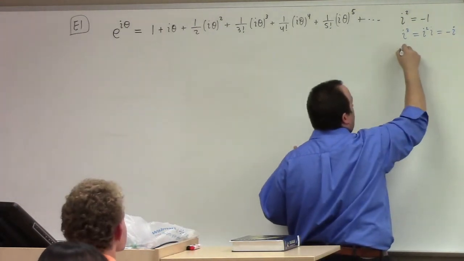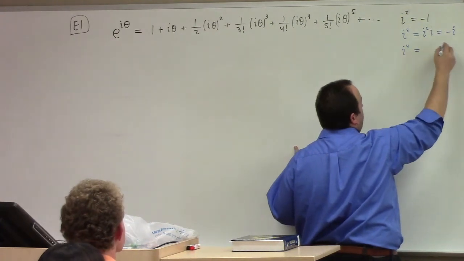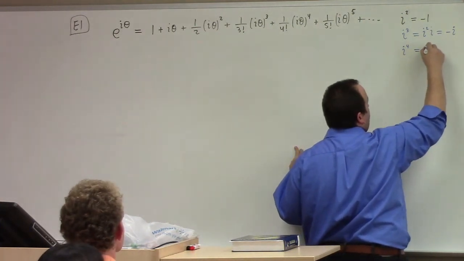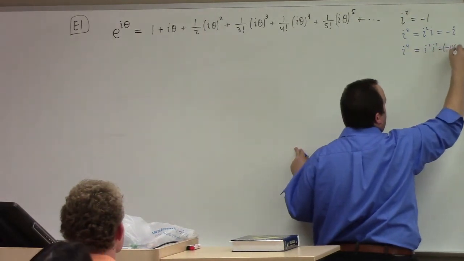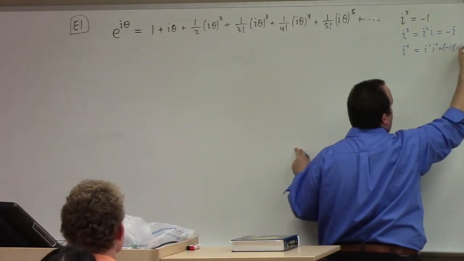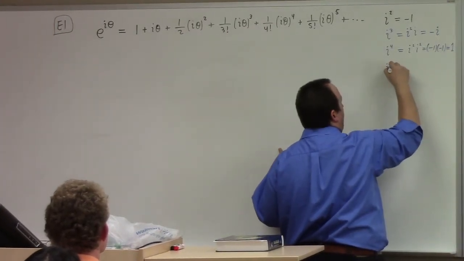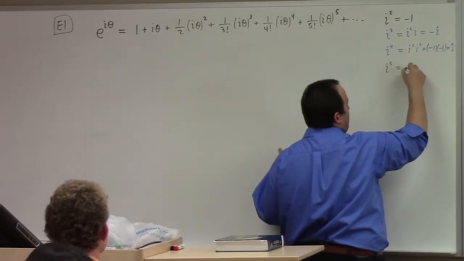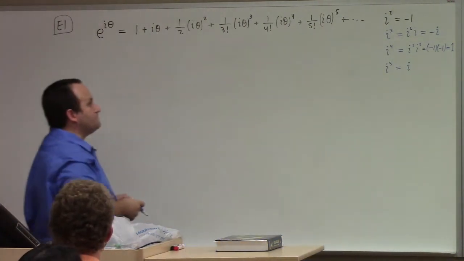What's i to the 4th? It's i squared times i squared, which is minus 1 times minus 1, which is what? 1. So what's i to the 5th? It's just i again, right? And so the story goes.